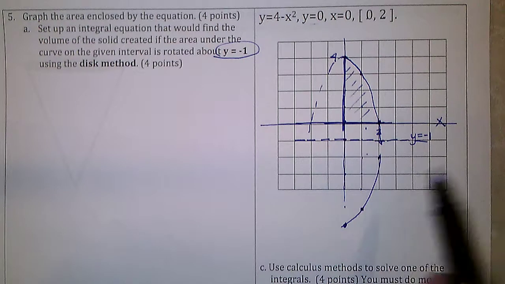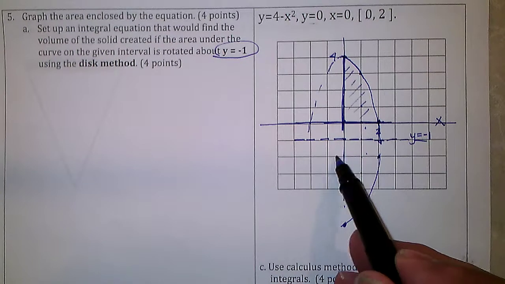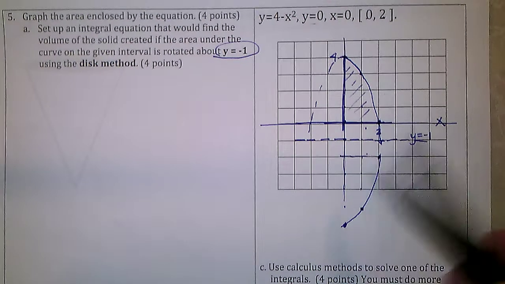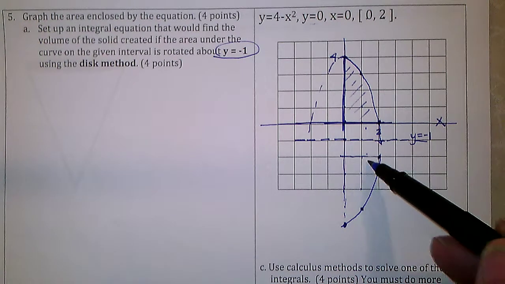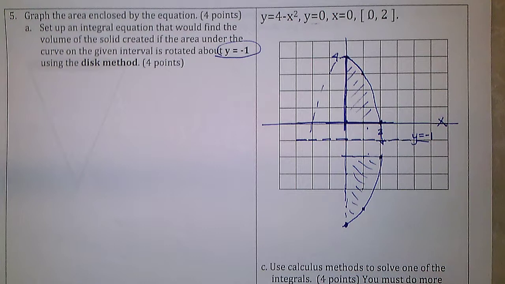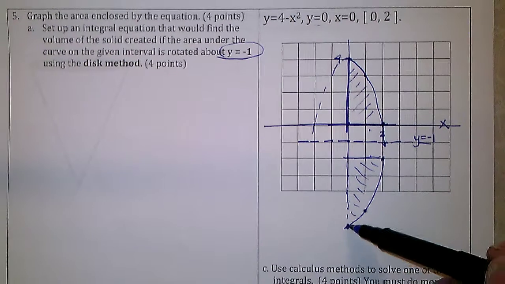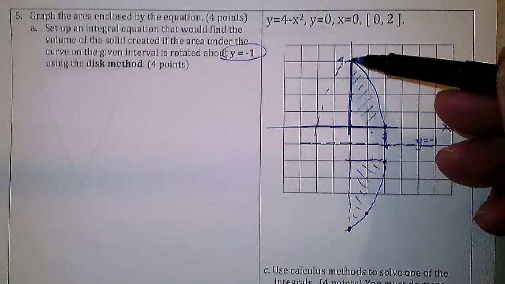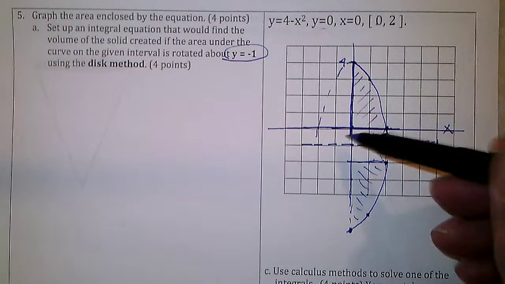So this would go to here. This line of the x-axis, its image would be here to enclose the shape down here. So we have this shape that goes out and comes back, and this goes around here.